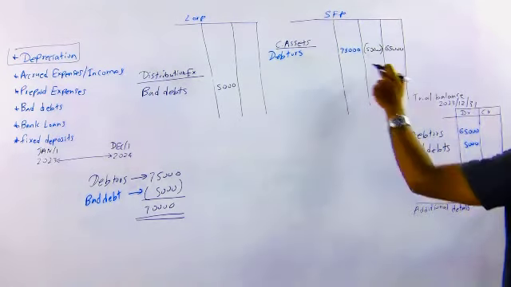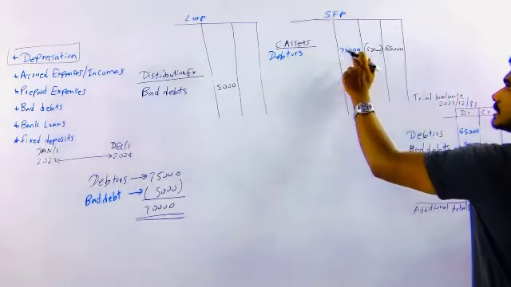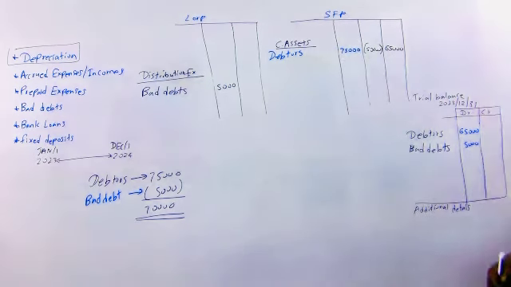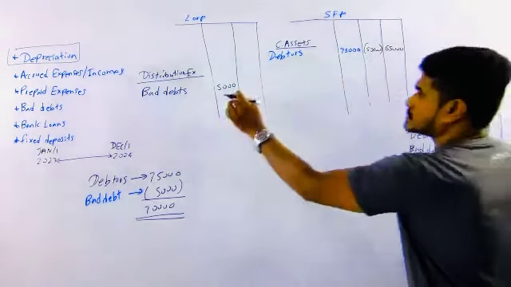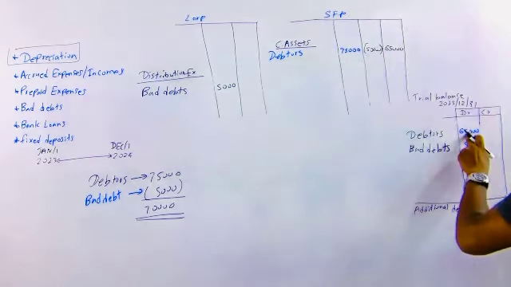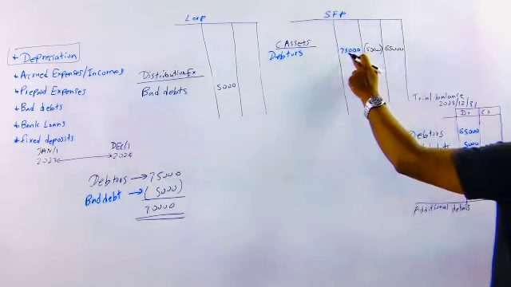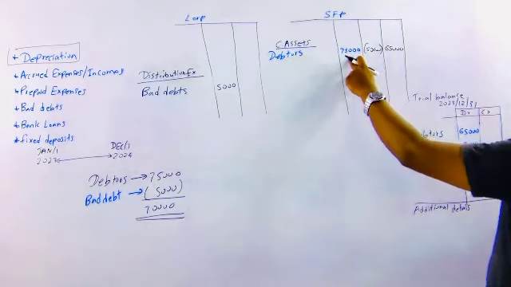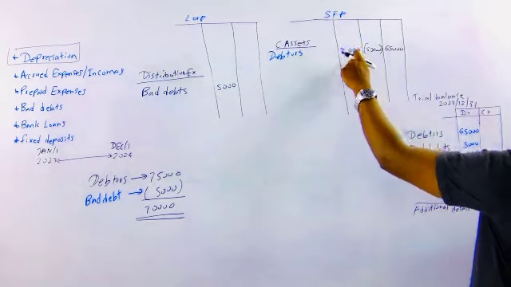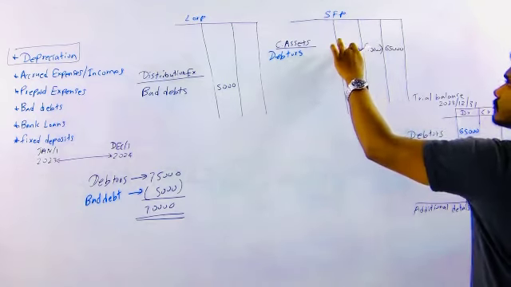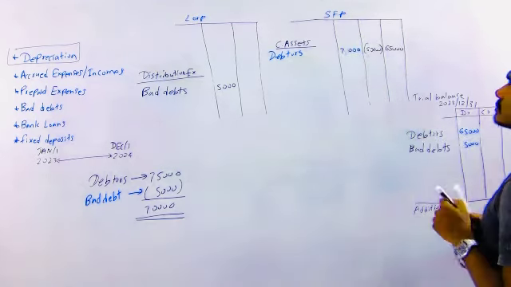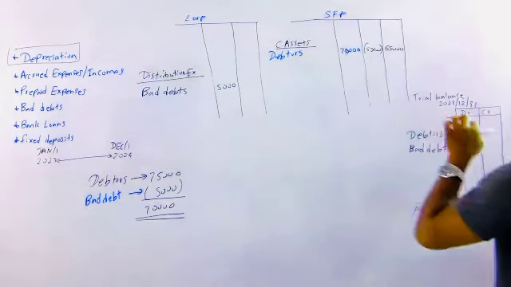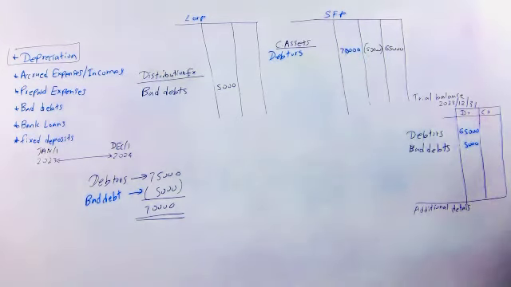Before the deduction of the bad debts, it was 70,000, right?